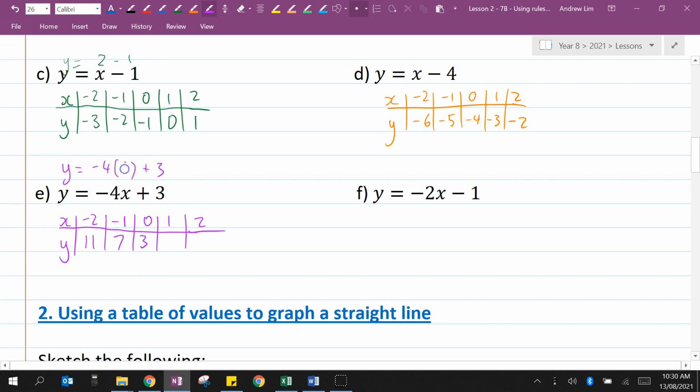If we were to replace x with 1, minus 4 times 1 is minus 4, plus 3, that's minus 1. If we replace x with 2, we have minus 4 times 2 is negative 8. Negative 8 plus 3, that's negative 5.